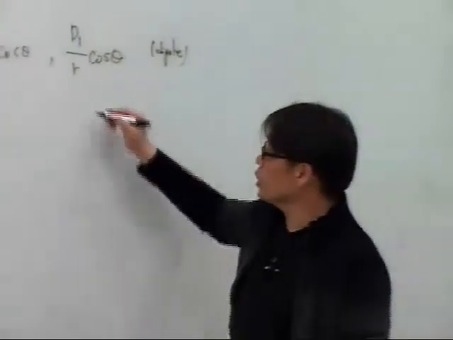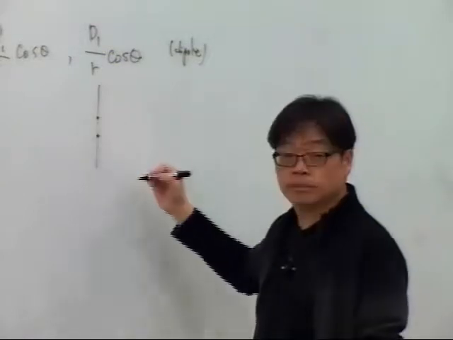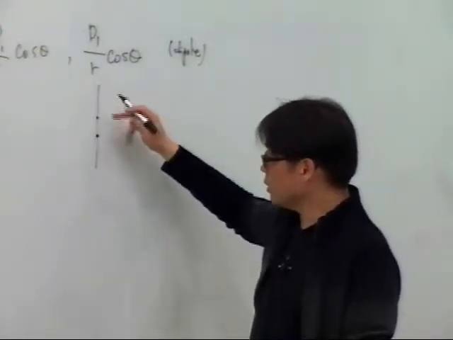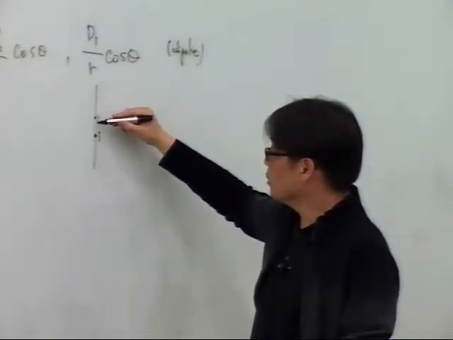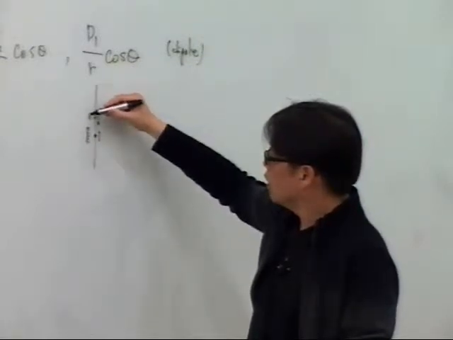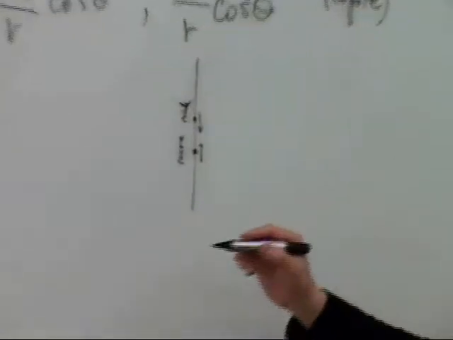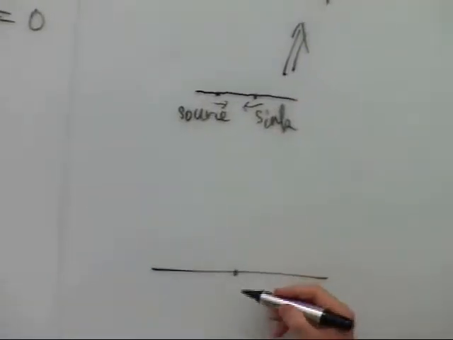And the other way to do it is to put the source here and the sink here, or source here, sink here, it doesn't matter, only the sign changes. And then you make it move, and you generate flow like this. So when that happens, the dipole is sitting here.